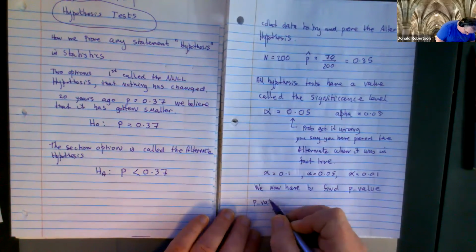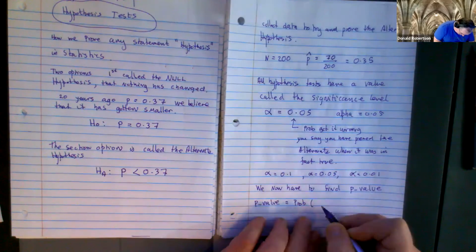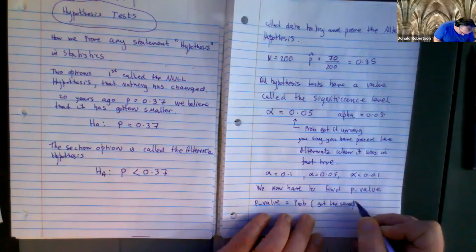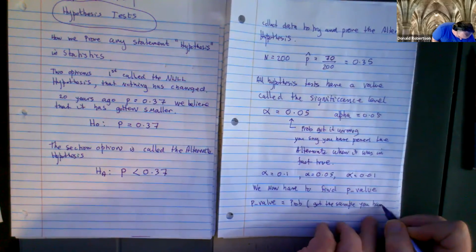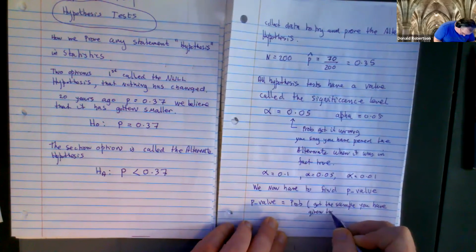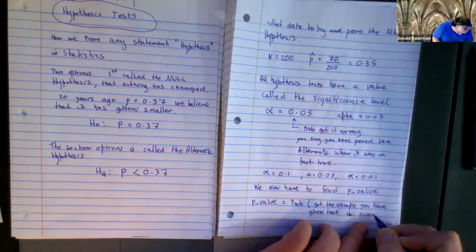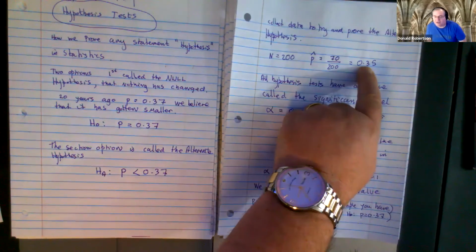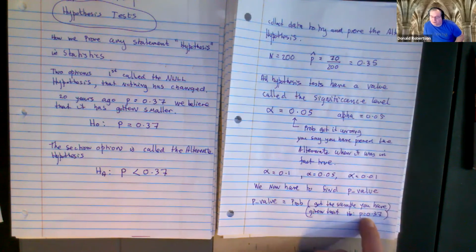And the p-value is actually a probability, and it's a probability that you got the sample you have given that H naught, that's in this case p equals 0.37. So we are going to find what's the chance that you could get a sample of 0.35 if the population number was that.